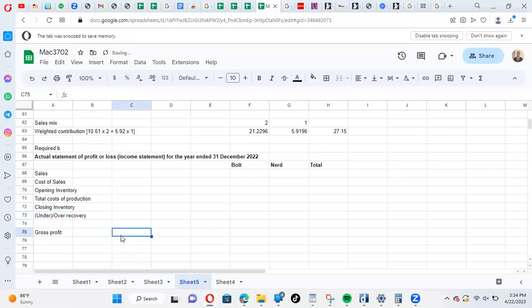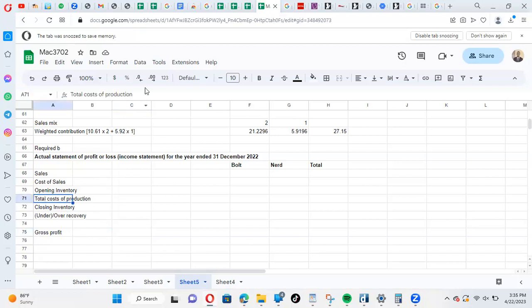Keep in mind the logic. The expenses included here have been under absorbed, so our production has been under absorbed and we need to deduct more. If it's over, then we need to add. So over means our gross profit goes up, and under means our gross profit goes down. You can do it anyhow, but the result must be the same.